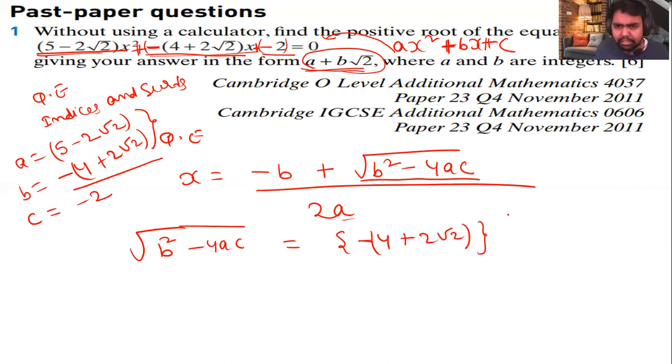This whole thing is b, and this is b square, minus 4ac. What is my a? My a is 5 minus 2 root 2, and my c is minus 2. I'm going to solve this part.